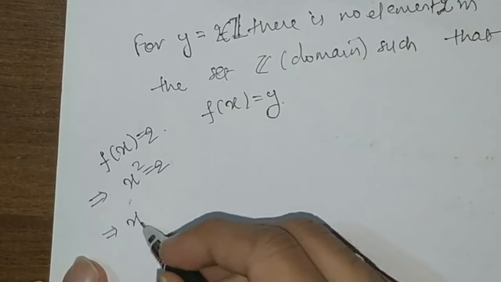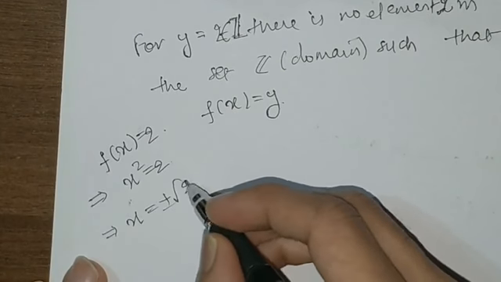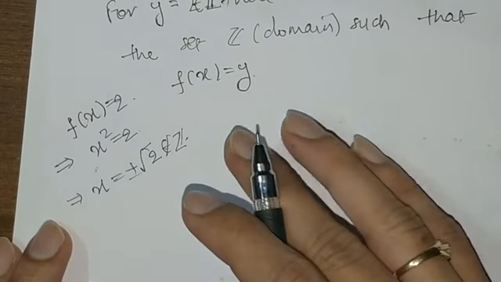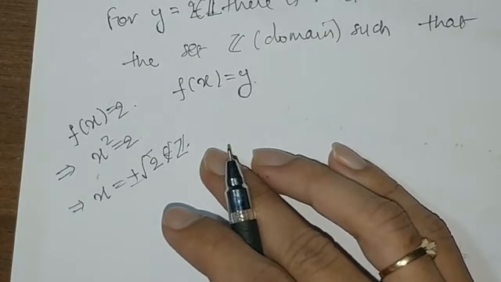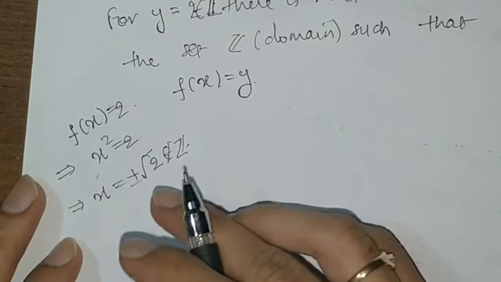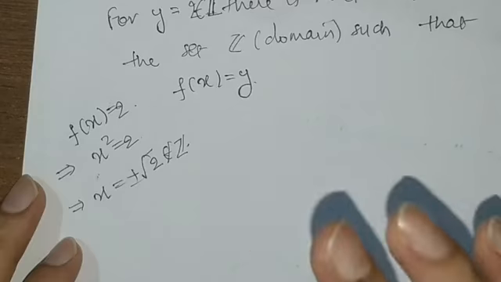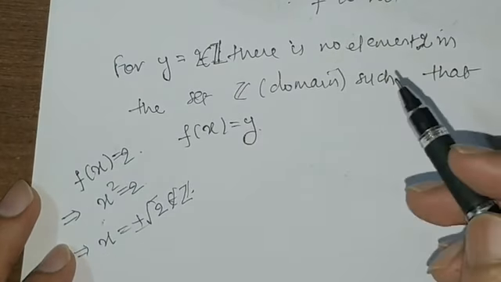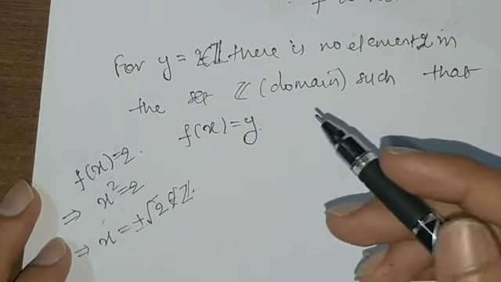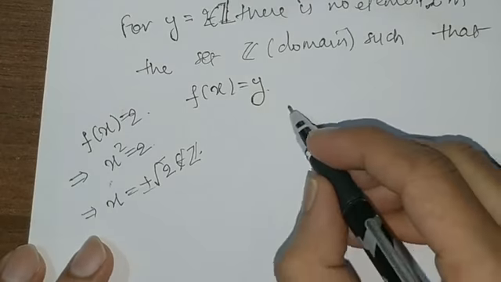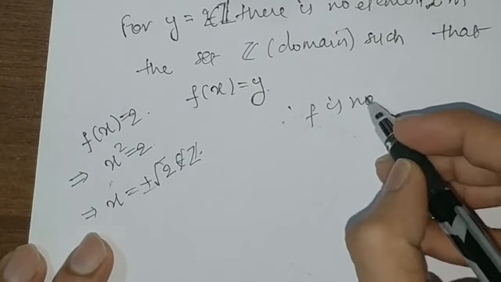So x is equal to plus or minus root 2, which does not belong to the set Z, which is the domain. So for y equal to 2 you have no element x in the set Z such that f(x) is equal to y. Therefore f is not onto.